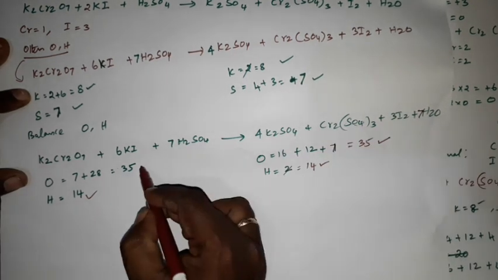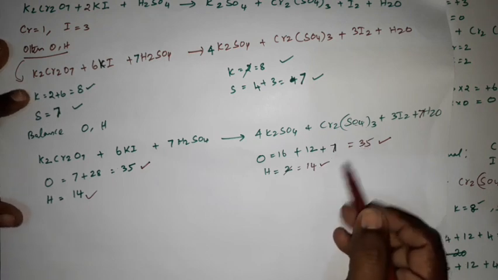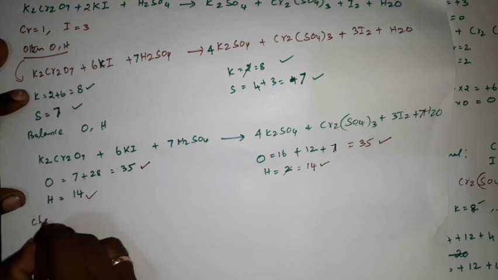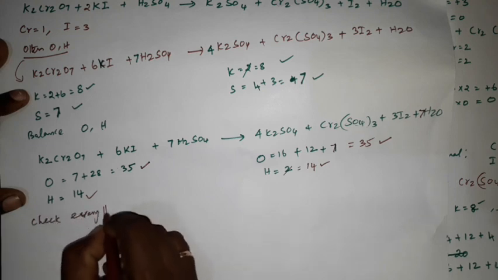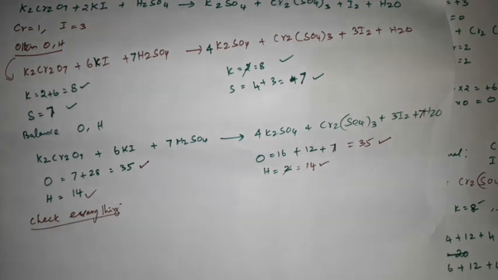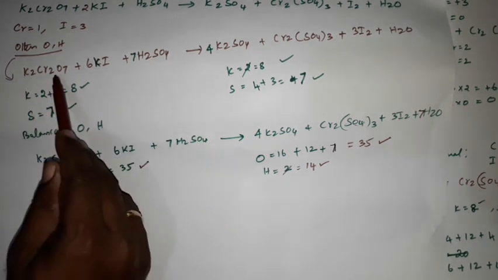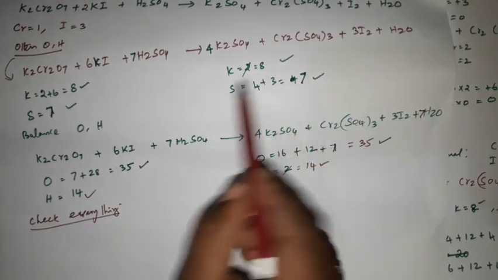Clear? So oxygen is balanced, hydrogen is balanced, and this side also oxygen and hydrogen is balanced. Now check everything balanced or not. Check everything. That is the final step. Clear? So potassium is balanced, chromium is balanced, oxygen, everything is balanced.